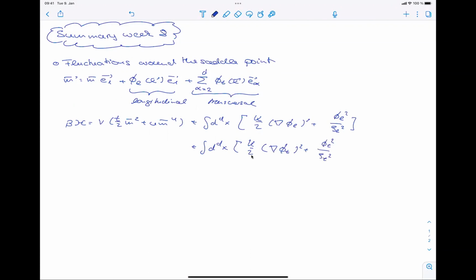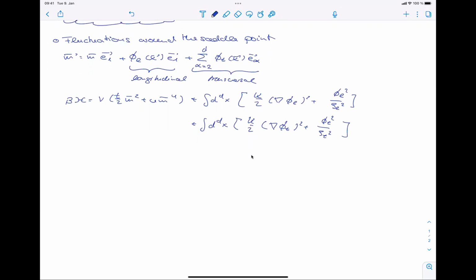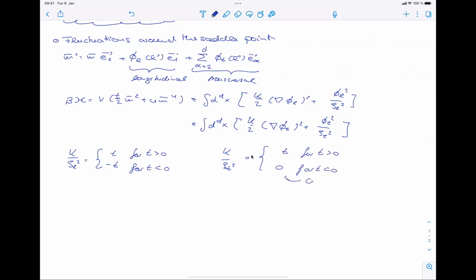And we can see that what determines the correlations in the system are the correlation lengths ψ_L and ψ_T, which depend on the reduced temperature, scaling as T and minus T. And most notably for the transversal modes, we also get a linear scaling with T above the critical point, but no dependence below, which is due to the Goldstone modes.